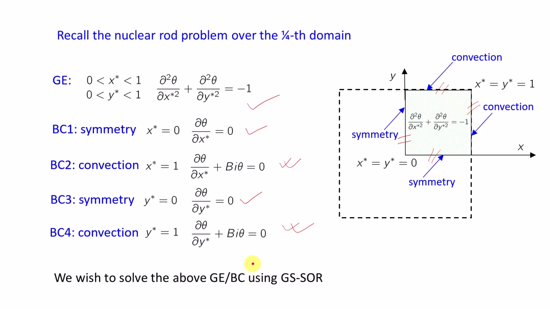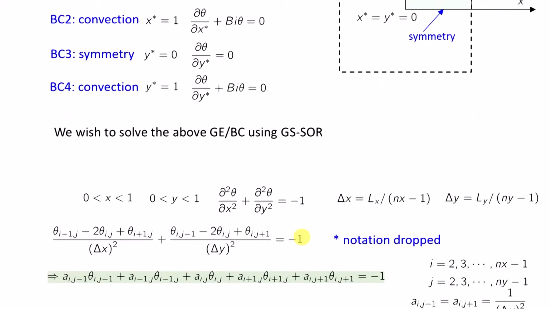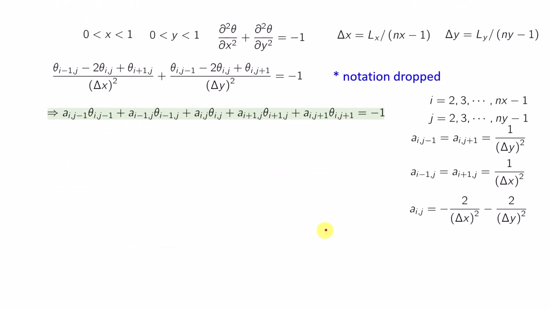We wish to solve the above system using Gauss-Seidel successive over-relaxation, because after discretization, we have this AU equals B equivalent of this system. So let us first check how we'll treat the boundaries here.